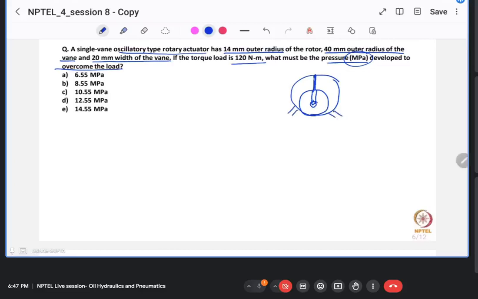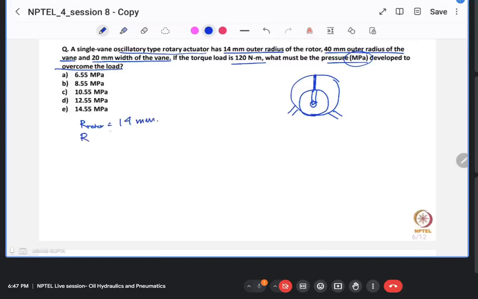You have inlet and outlet. Now we are given the outer radius of the rotor, it is 14 mm.